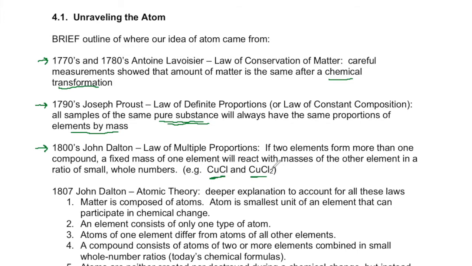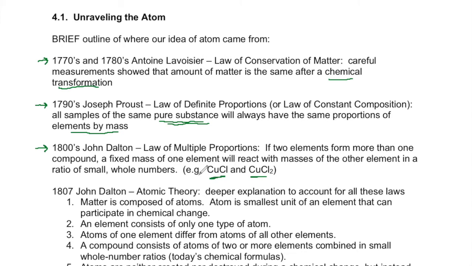And the two ratios that exist for copper and chlorine are small multiples of each other. So the ratio of chlorine to copper by mass in this type of copper chloride is twice the ratio of the chlorine to copper masses in this other type of copper chloride compound.